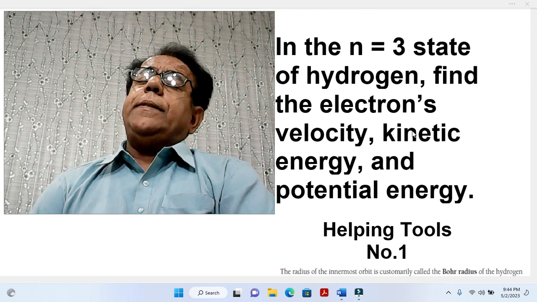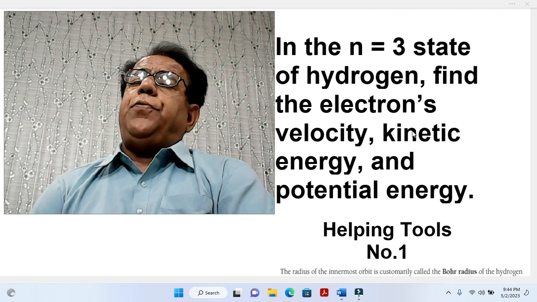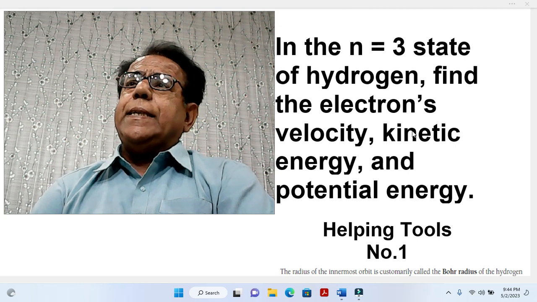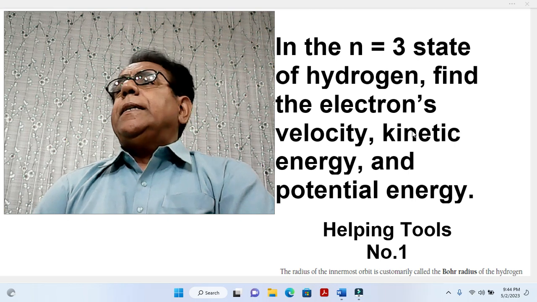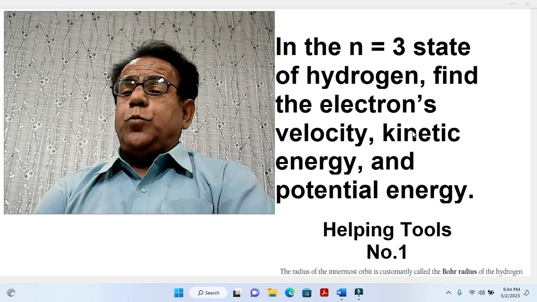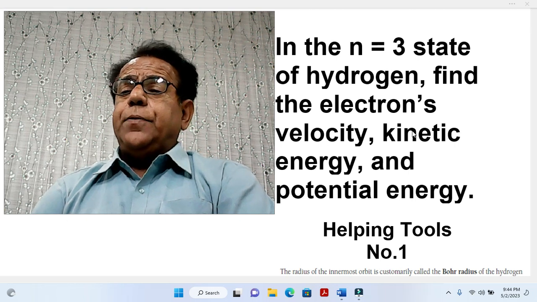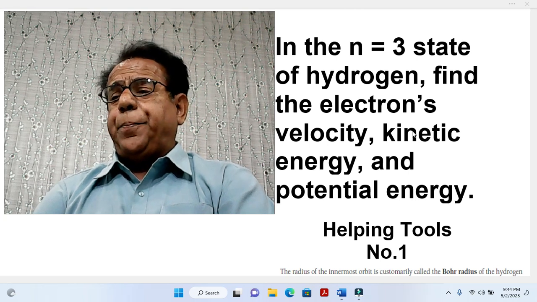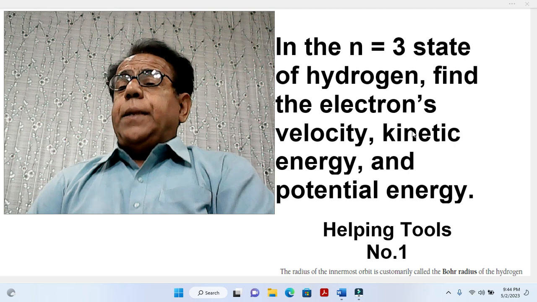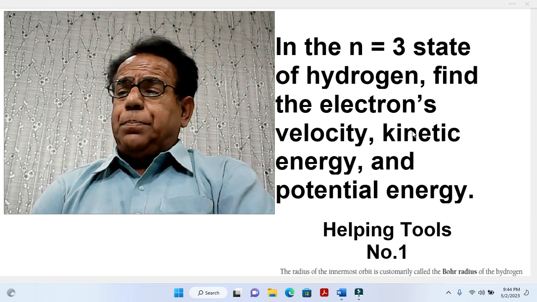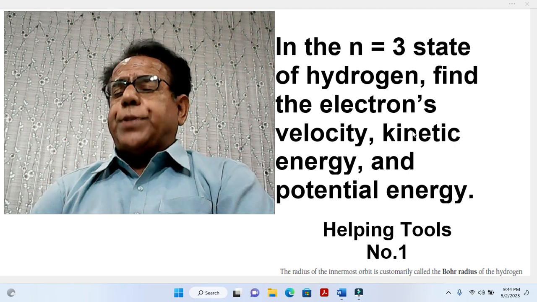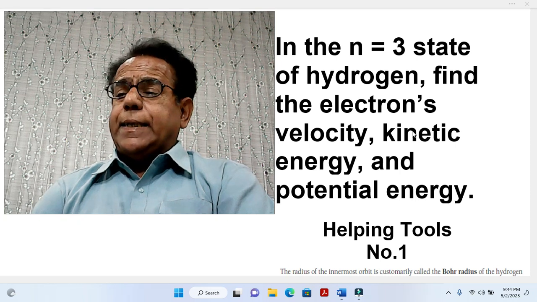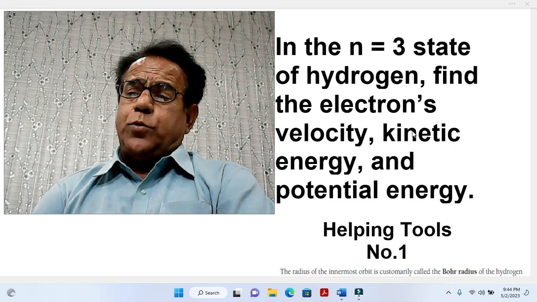Dear students, for finding these 3 things, we must first determine radius. So in other words, we have to find out 4 things. Number 1 radius, number 2 velocity, number 3 kinetic energy, number 4 potential energy.